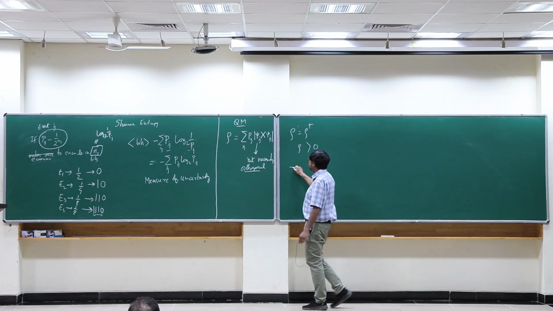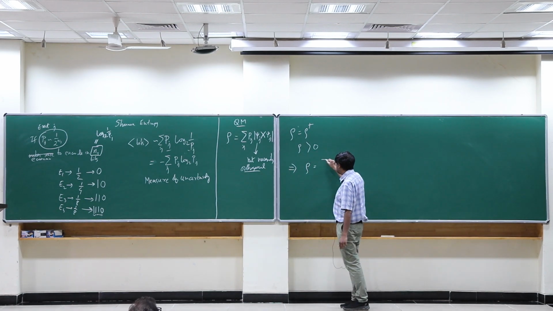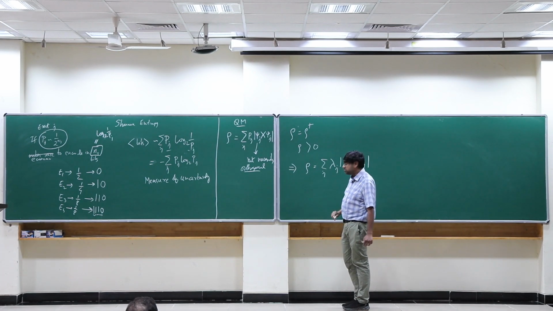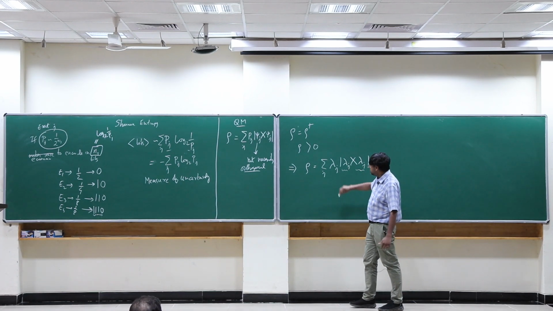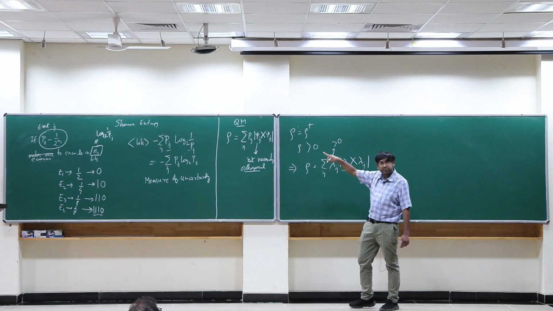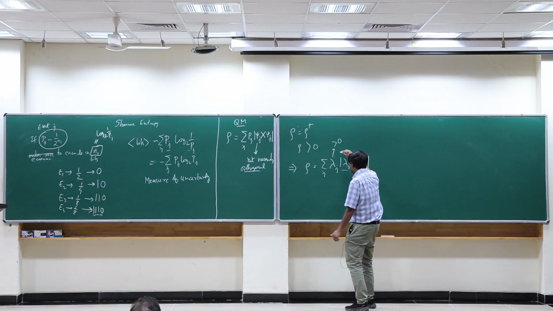That implies that the density matrix can be written as sum over j, lambda_j, and some orthogonal eigenstates. So these are really the eigenstates of the density matrix. These lambda_j we know are each greater than 0, so they are like probabilities. These are the eigenvalues.